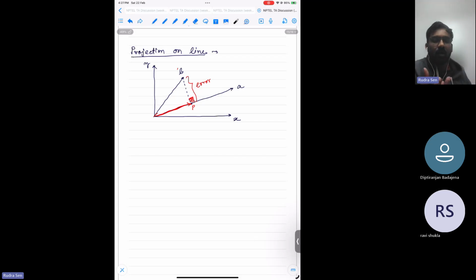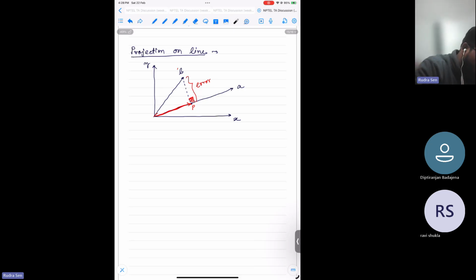I hope you have heard this term, least square solution. Least square solution means the shortest possible distance, the nearest distance. We are trying to find the nearest possible solution which satisfies all these equations. This is the best case solution that we are trying to find.